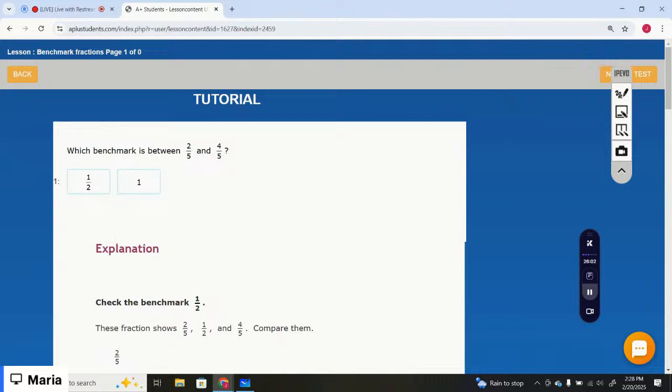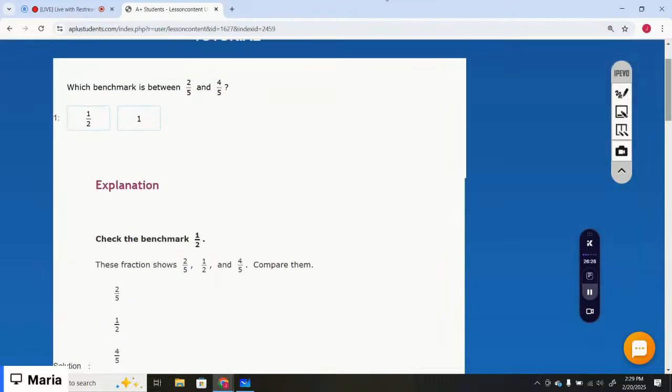Which benchmark is between 2 by 5 and 4 by 5? So you have to compare the fractions.